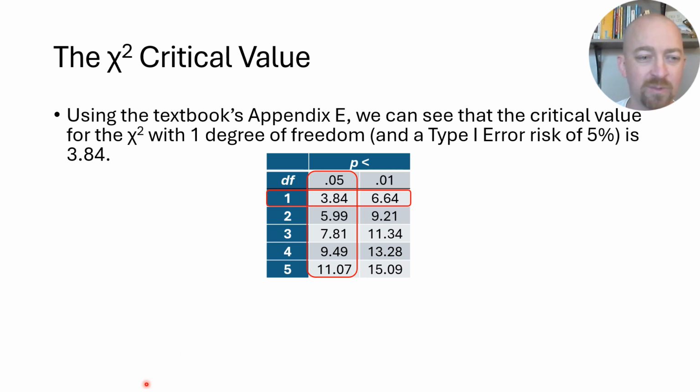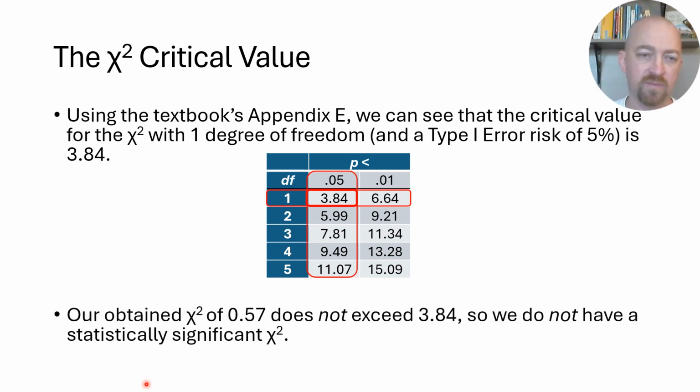And as you can see, where those two overlap is 3.84. Therefore, with 1 degree of freedom for a chi-squared analysis, you need to have a chi-squared value of at least 3.84 before you can say that it is statistically significant. So did we reach that?